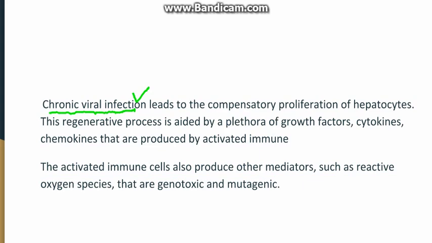After the hepatocyte death, there will be compensatory proliferation of hepatocytes, and when this regenerative process is going on due to various growth factors, cytokines and chemokines produced by cells, these cells not only produce growth factors, they also produce reactive oxygen species which are genotoxic and mutagenic. Due to this, mainly the tumor develops.